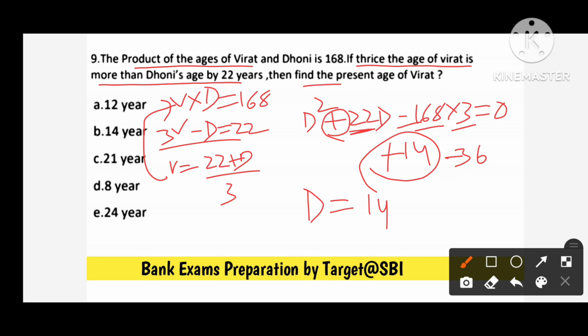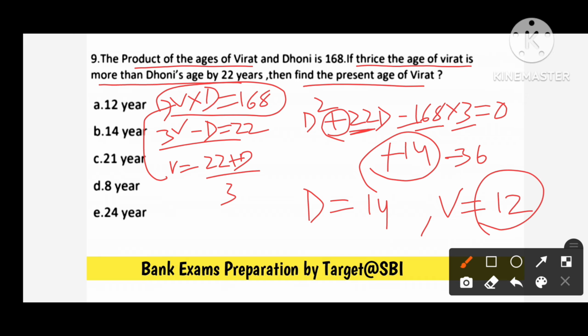Now the question asks to find the present age of Virat. Here we have V into D is 168, so V will be 14 12 times. So V is 12. So option A is the answer for this question.